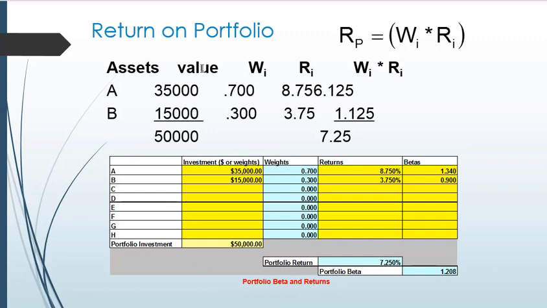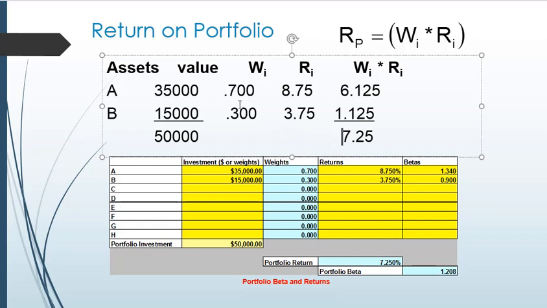We have two assets, A and B, with $35,000 in A and $15,000 in B. So we've invested $50,000 in these two assets, which means 70% of our money is invested in A and 30% is invested in B. The rates of return we have for these assets are 8.75 for A and 3.75 for B.